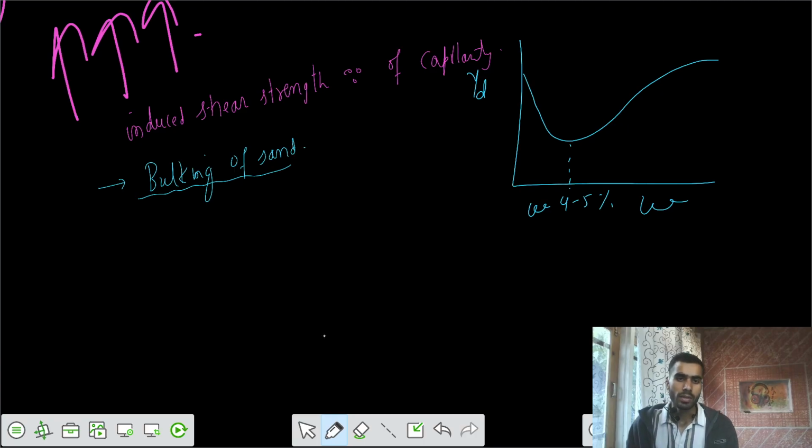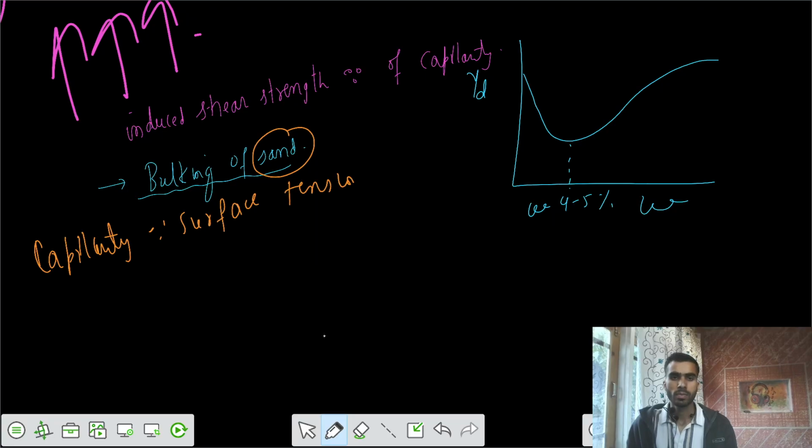So actually what's happening here? In the sand there would be capillary action. This capillarity is because of surface tension. Do you know that? Capillarity is because of surface tension, that's your surface tension sigma acting on the periphery, and because of that there is a rise of water.